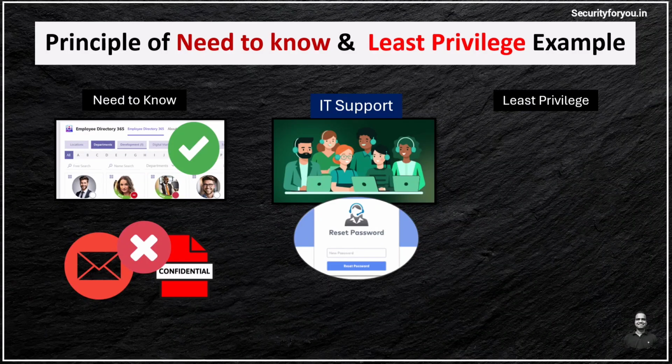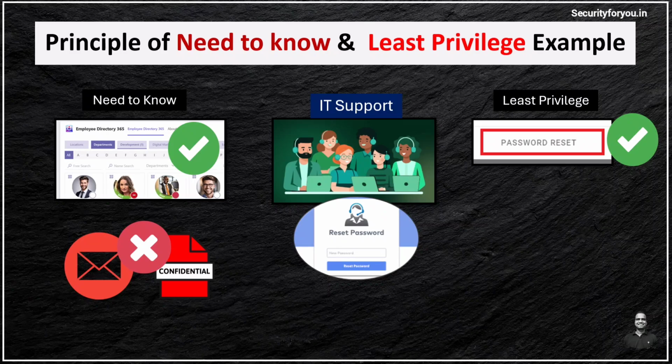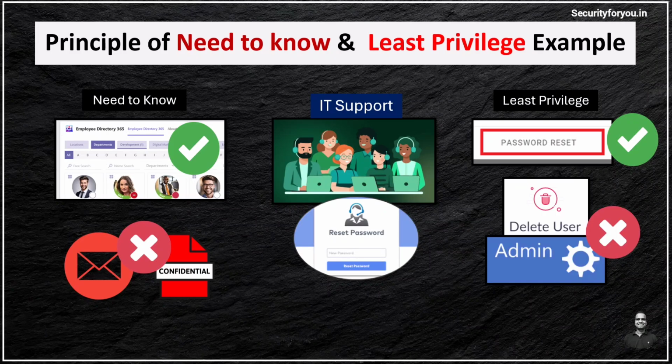And based on least privilege, you should only have permission to reset passwords, not to delete users or make yourself an admin, right? So even though you are part of IT, your access is limited to only what you need and you are only allowed to do what your role requires. This way, the organization stays more secure.